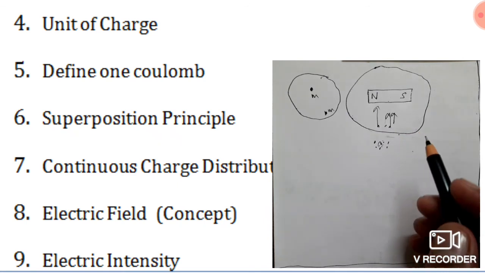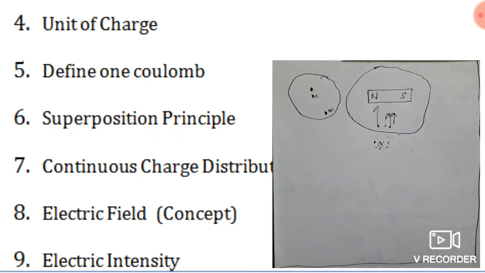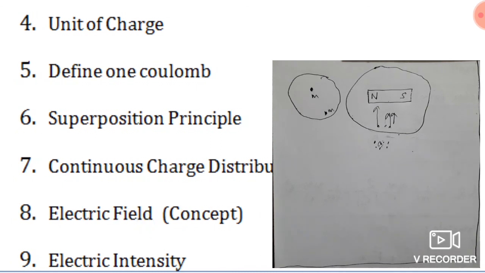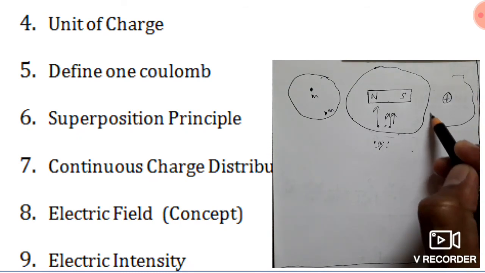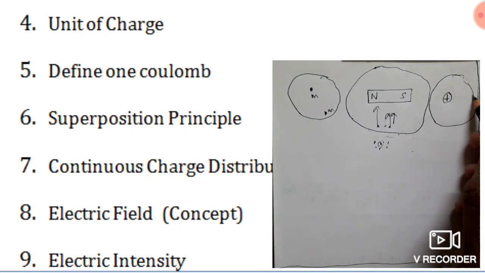Now what is electric field? In our topic it is electric field. The concept of electric field is due to charge. If we consider a charge, due to this charge there will also be a field. This field is called electric field.